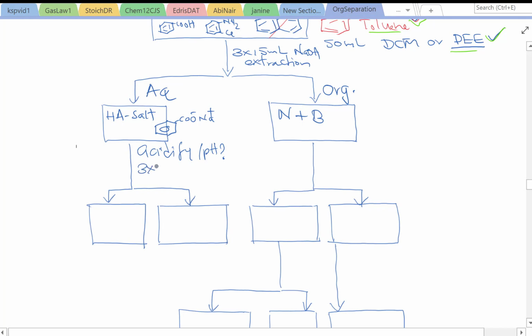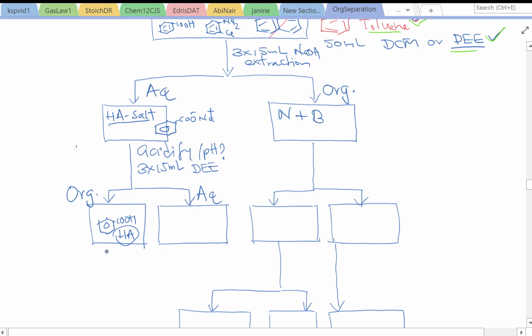Then again, you do 3 times 15 milliliters of ether or DCM extraction, and separate aqueous and organic. The aqueous is a keeper, so keep it for now. And look at the organic, it will have the benzoic acid, the weak organic acid that we had.